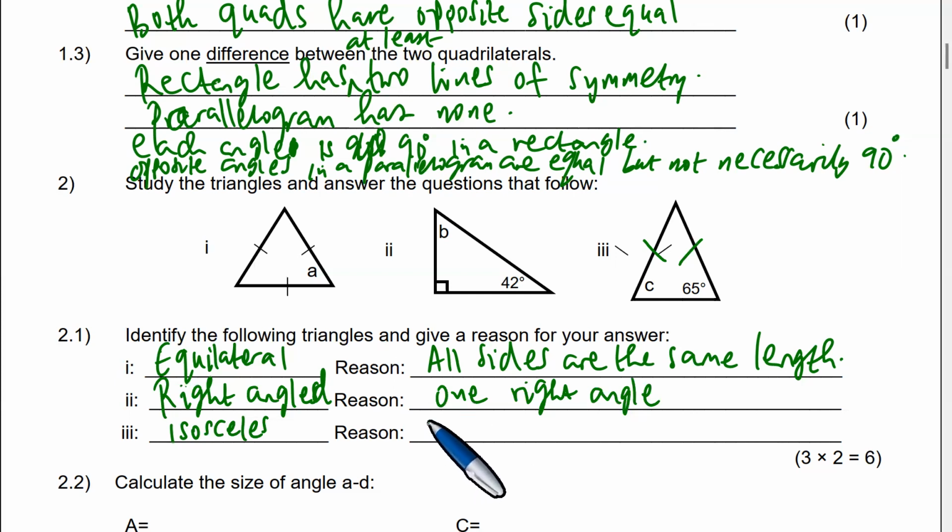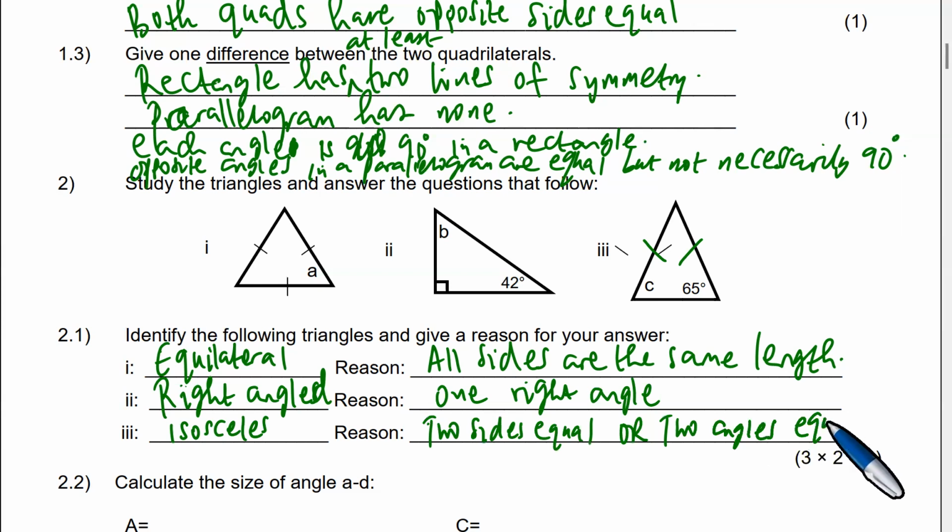Two sides equal, because it has two sides equal. Or you can alternatively say two angles equal.